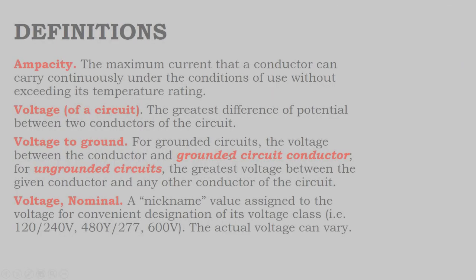All right, so let's get into some definitions. Ampacity is the maximum current that a conductor can carry continuously under the conditions of use without exceeding its temperature rating. Voltage is the greatest potential between two conductors of the circuit.